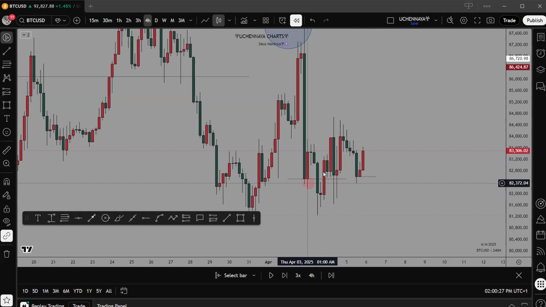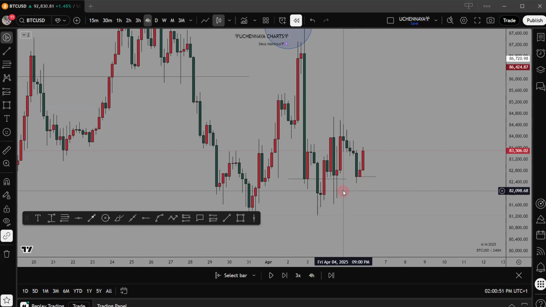Remember, this daily key level, fresh key level here has already been mitigated by this. Now, after this mitigation, it is no longer fresh. Now, this candle coming back to this level, and you're looking to take another entry here.